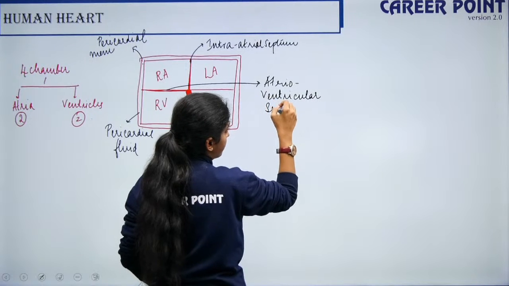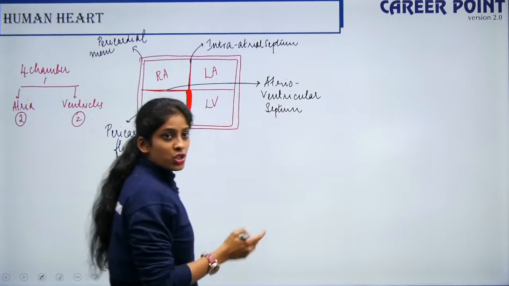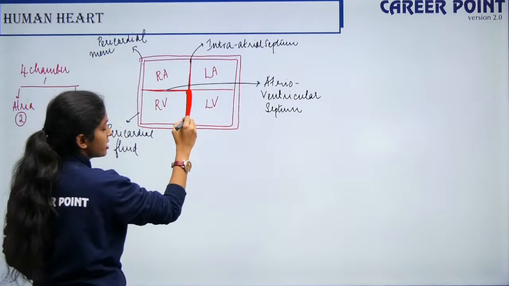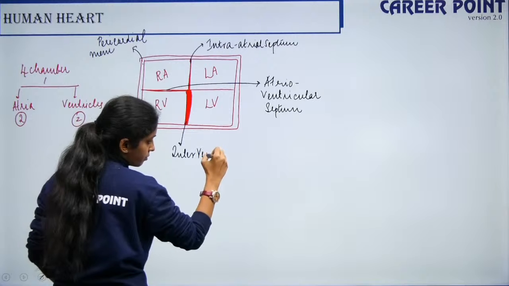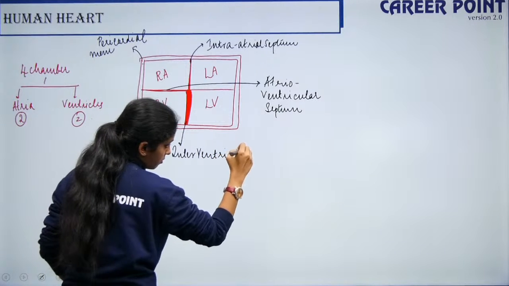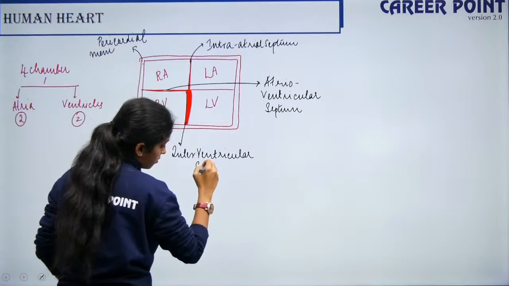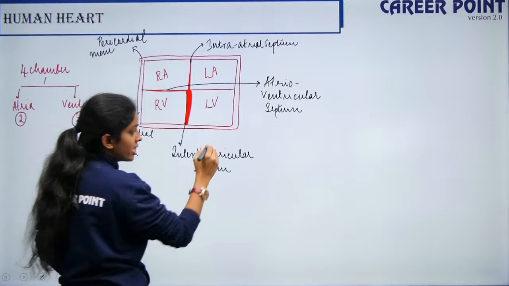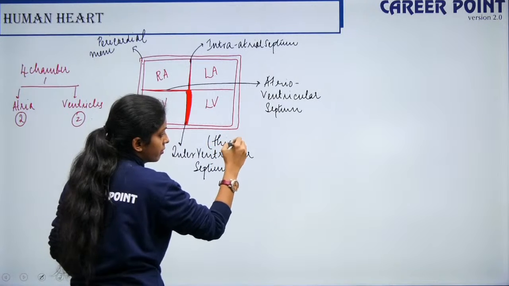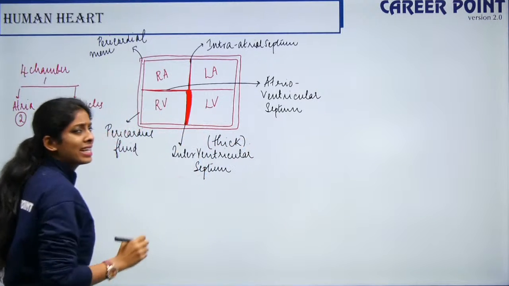In between the two ventricles, it is called the interventricular septum. This is pretty thick and the remaining are thin.